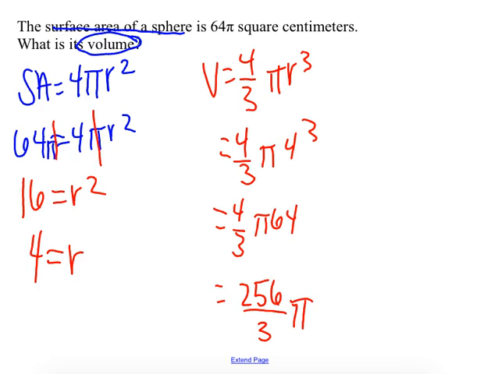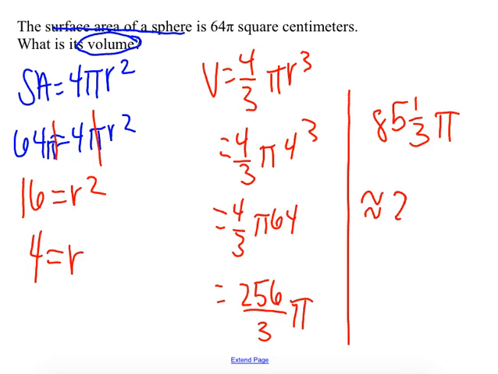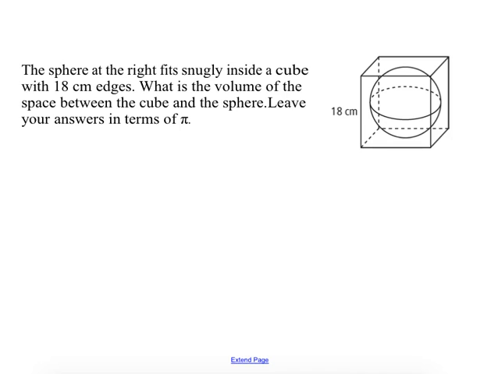Dividing by 3, we get 85 1/3 pi, which is approximately 268.1 centimeters cubed. So again, all we're doing is looking for that radius. Once you find it, you plug it into a different equation and go from there.